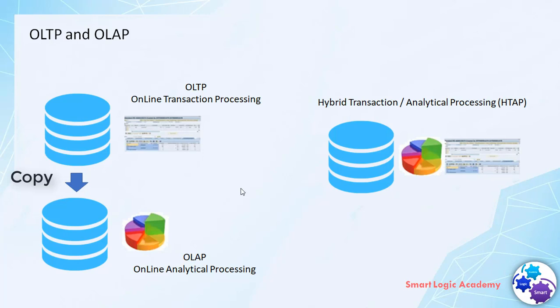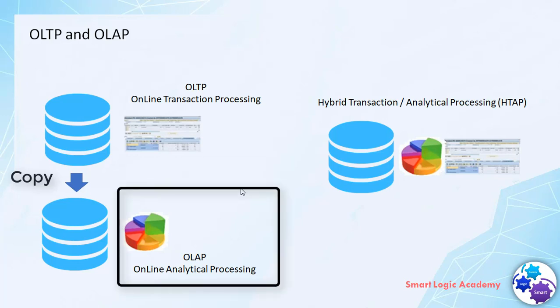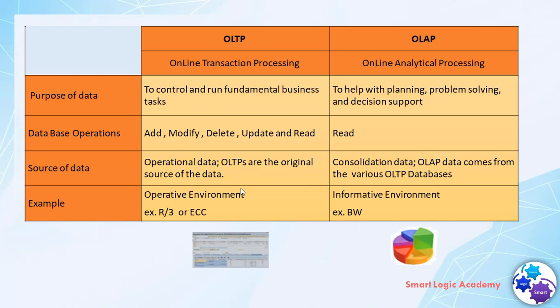Traditional systems were either optimized for transactions or for analysis. OLTP systems are used for transactions and OLAP for analytics. Let's see what is the difference between OLTP and OLAP.